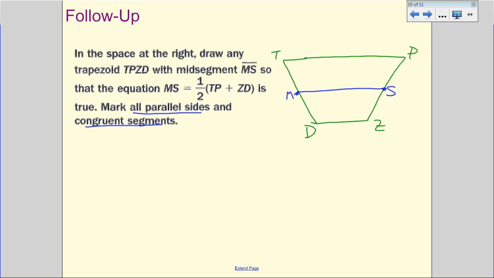So I want to leave you guys with that. You are going to mark the parallel sides and you are going to mark the congruent segments with your tick mark. All right, so we'll check that in class.